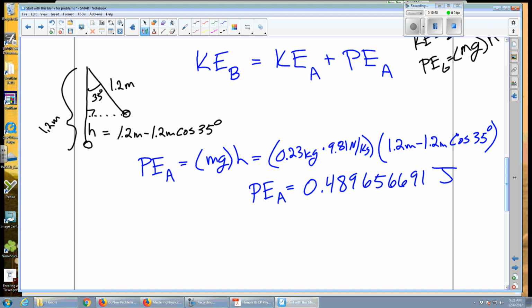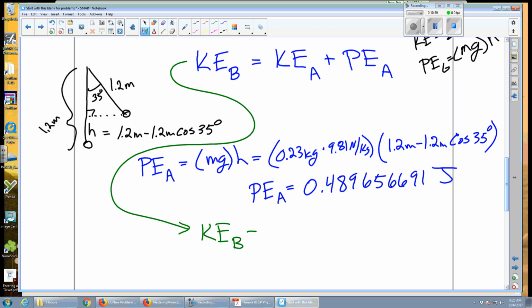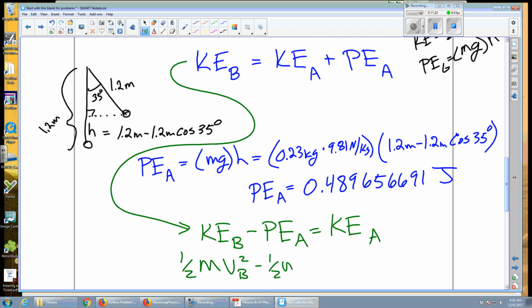To do the speed of the bob, I'm going to do this equation, and I'm going to rearrange it so that I have my KE at B minus my potential energy at A equals my kinetic energy at A. Algebra, right? 1/2 inertia speed at B squared minus the weight mg times h equals 1/2 inertia speed at A squared.